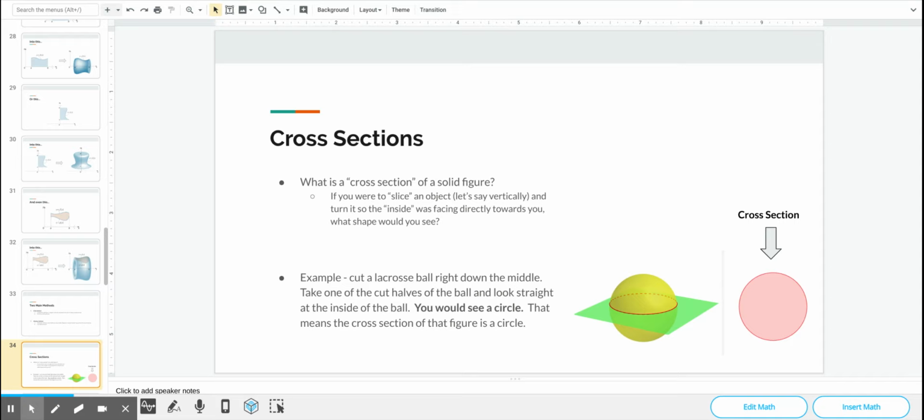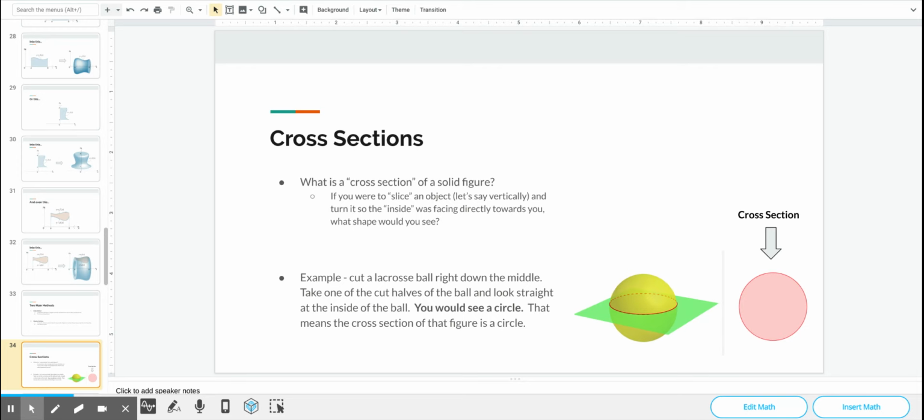So what is a cross section? Well, I want you to think of it this way, and again, visualize this for me. I want you to take an object. Let's take like a lacrosse ball, right? And let's say you took a lacrosse ball and you put it on the table, and you got a saw, and you cut that lacrosse ball completely in half, so equal halves.